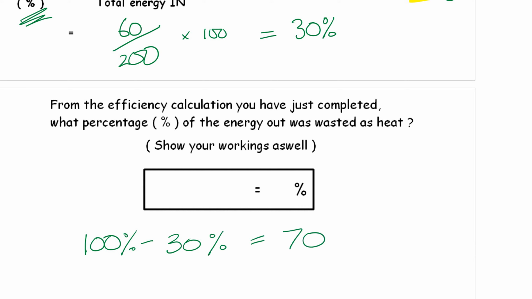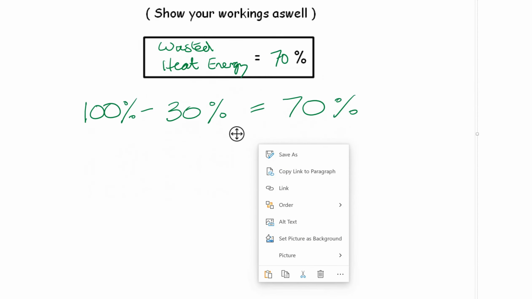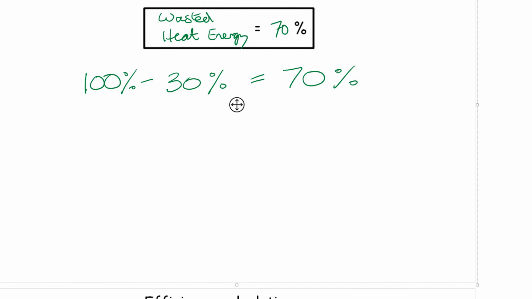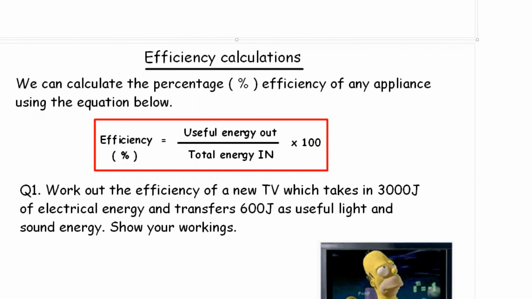So what was wasted? 70%. So the wasted heat energy, 70%. Wow. Quite inefficient.